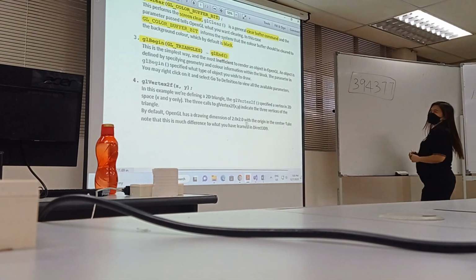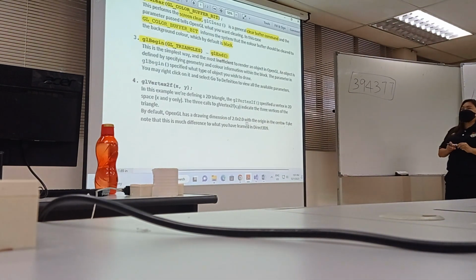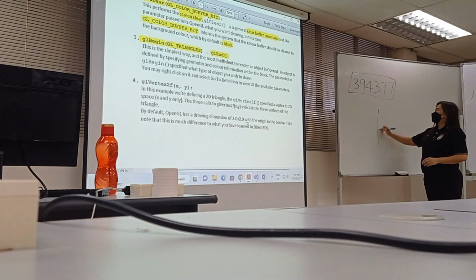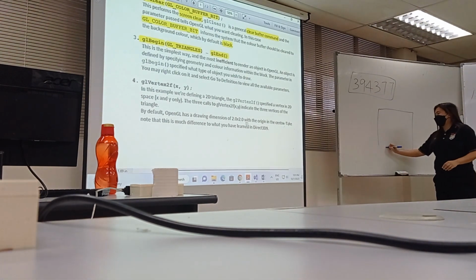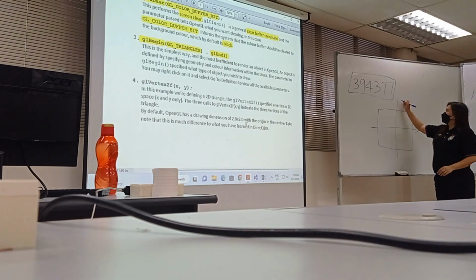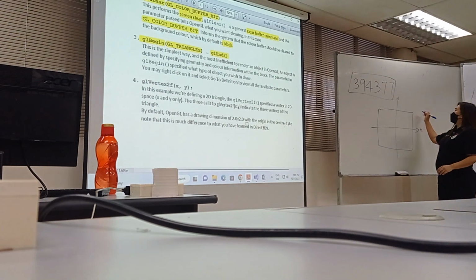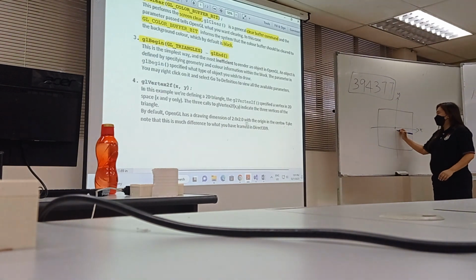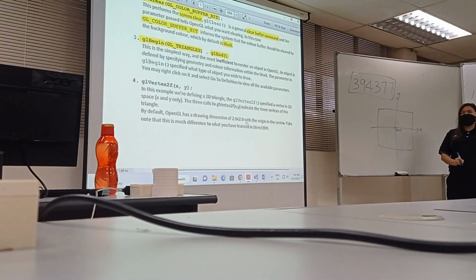Three. Let's get to know the OpenGL window first. This is your OpenGL window. Your origin, X and Y, is in the middle. This is your 0, 0.